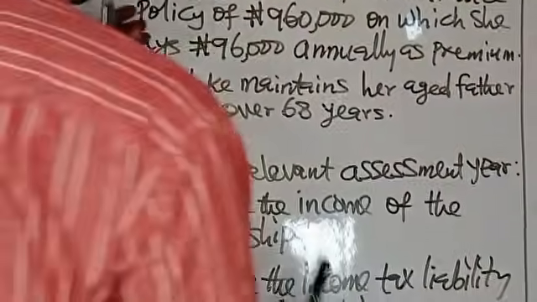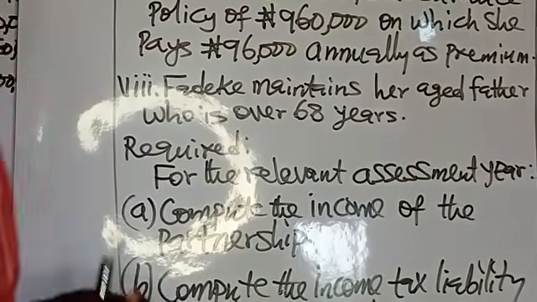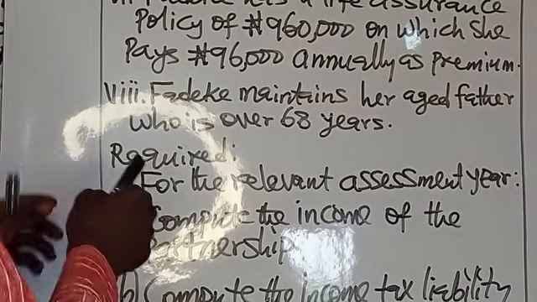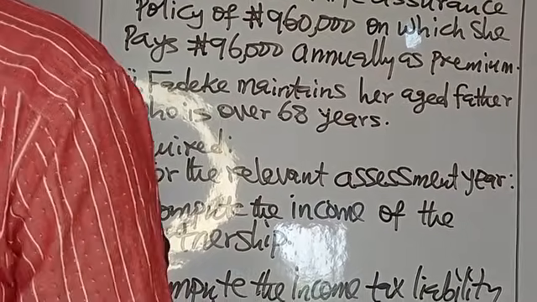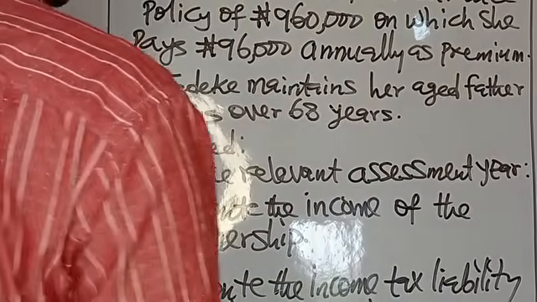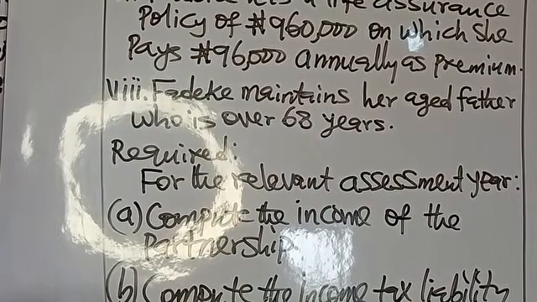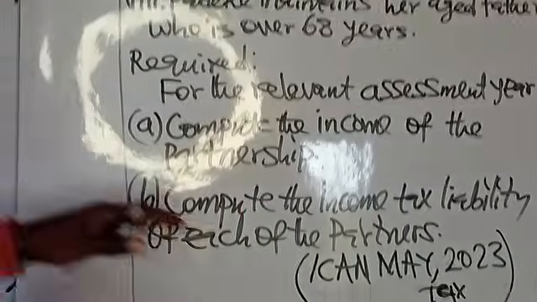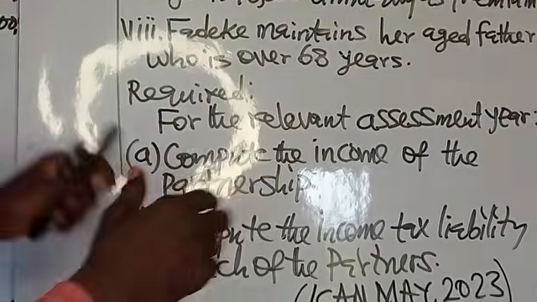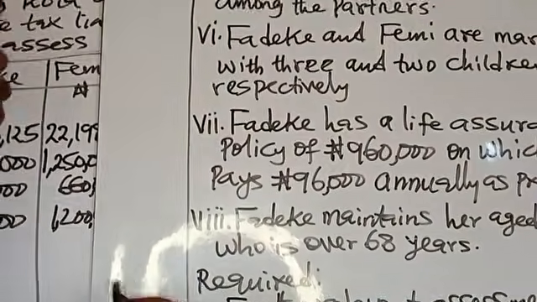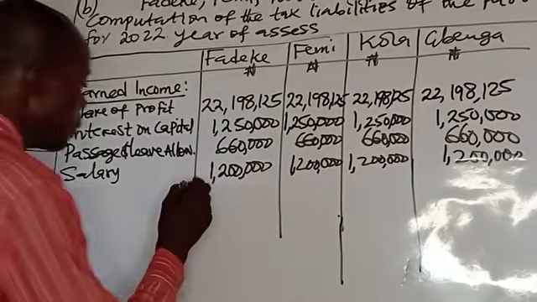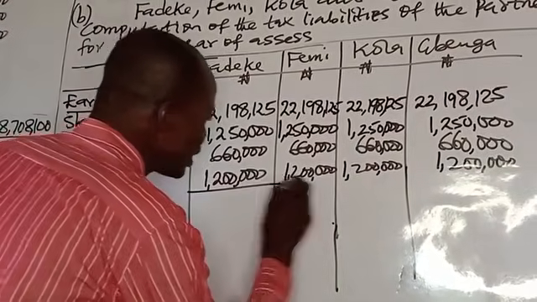The premium paid will be considered as part of tax exempt items. Fadike maintains an aged father. I've told you that information is now required. Now we've considered all the earned income items. So let's sum up our earned income.